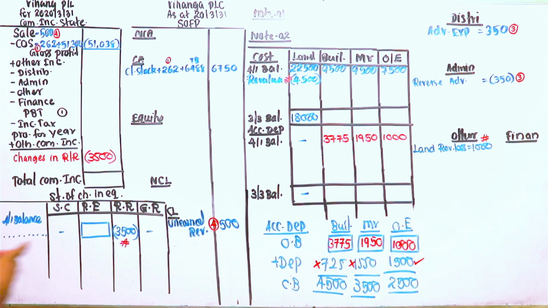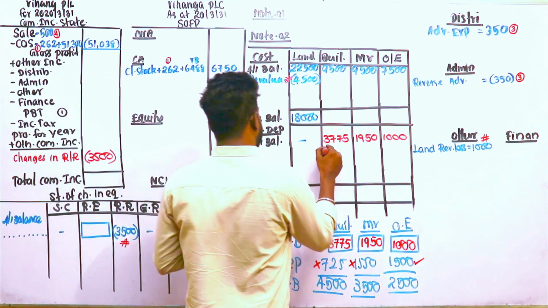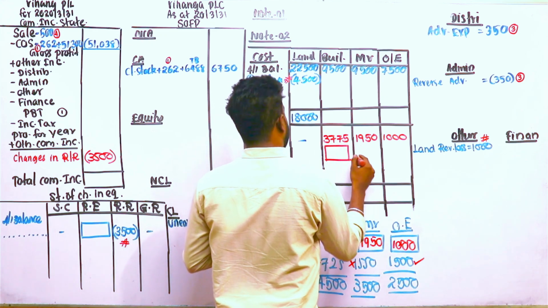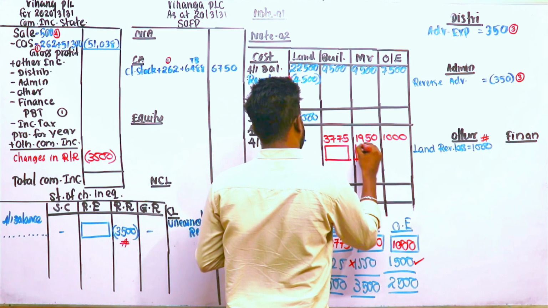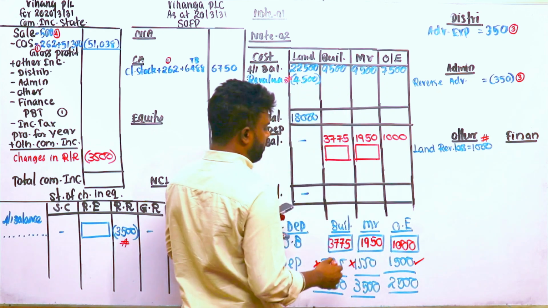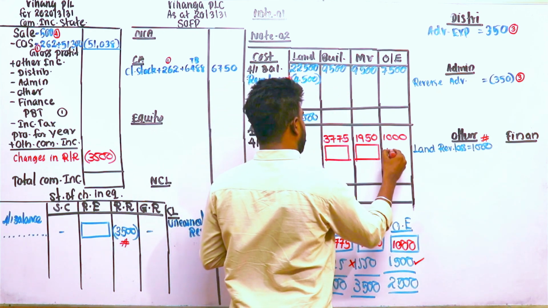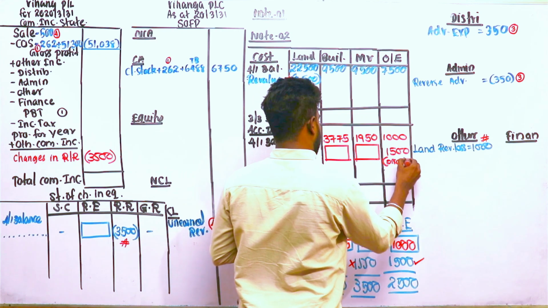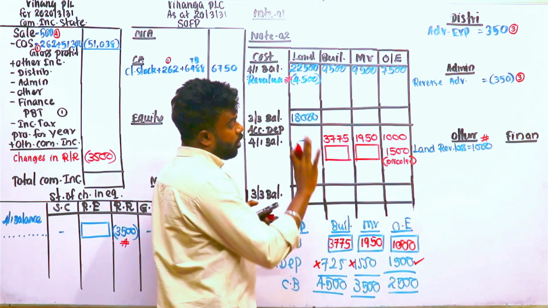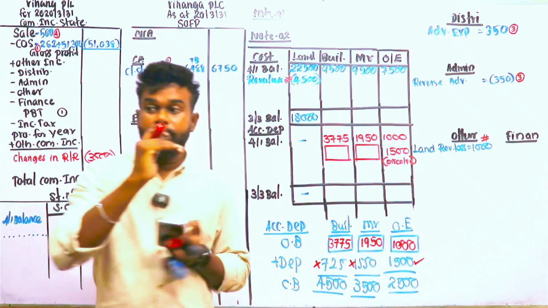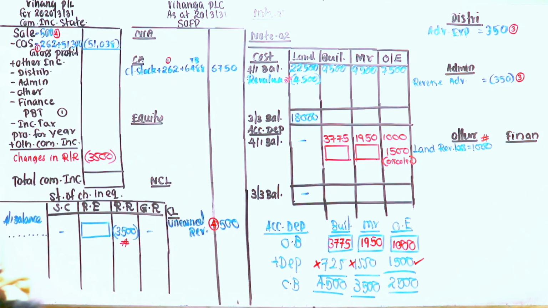So again you have to recalculate the depreciation of building and of motor vehicle. But the office equipment depreciation is correct, so record it here. You have to disclose it here, but don't record it again under admin. Don't record under admin because it is already calculated. Understand? It was put above.